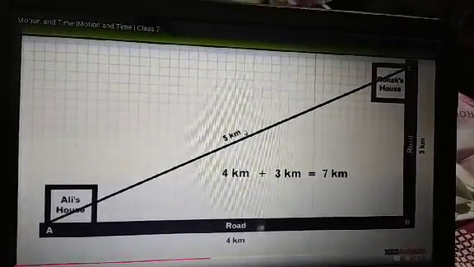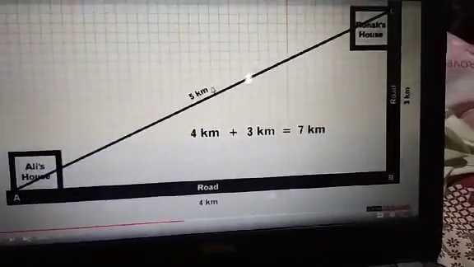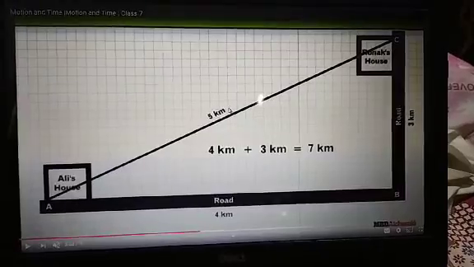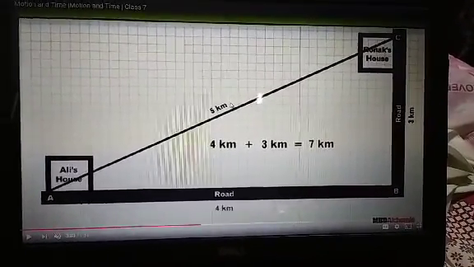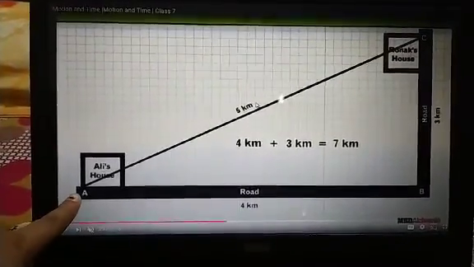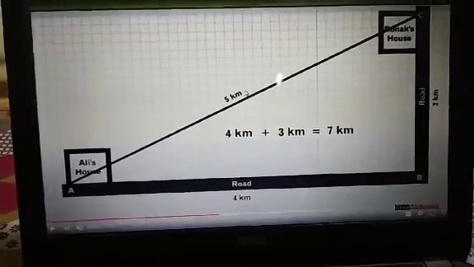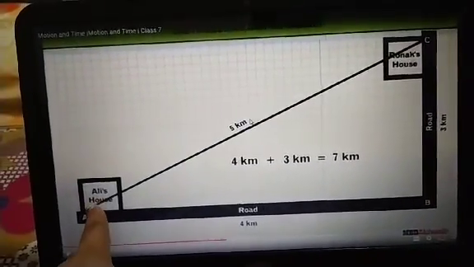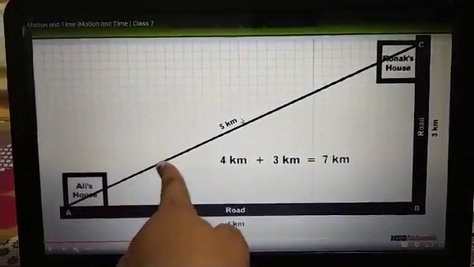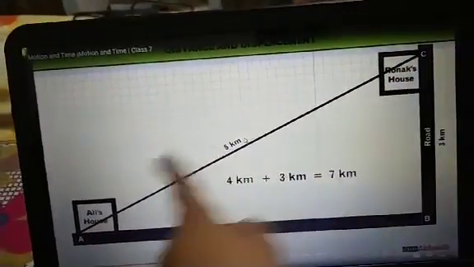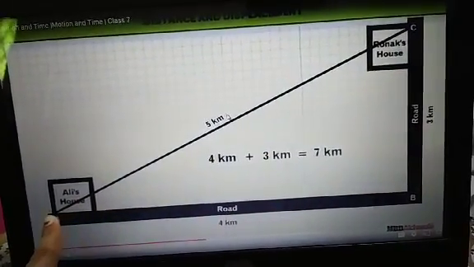Clear? And the displacement. Now the question arises, what do you mean by displacement? Displacement is the shortest path between 2 points, that is the initial point and the final point. The initial point was A and the final point is C, right? Now the shortest distance can only be a straight line. Just look at this, a straight line between the initial point and the final point, and this is known as the displacement.